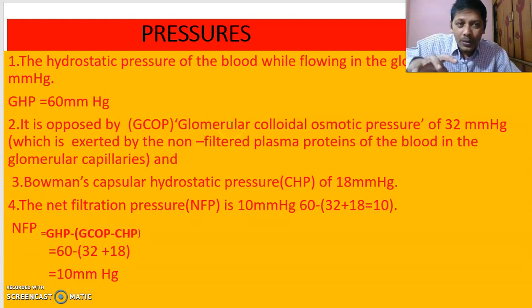The glomerulus is a network of capillaries, and in that capillary there is blood. In that blood there are plasma proteins. Those plasma proteins also cause pressure, called glomerular colloidal osmotic pressure, GCOP. It is 32 mmHg, exerted by non-filtered plasma proteins. I told you earlier that large plasma proteins are not filtered.